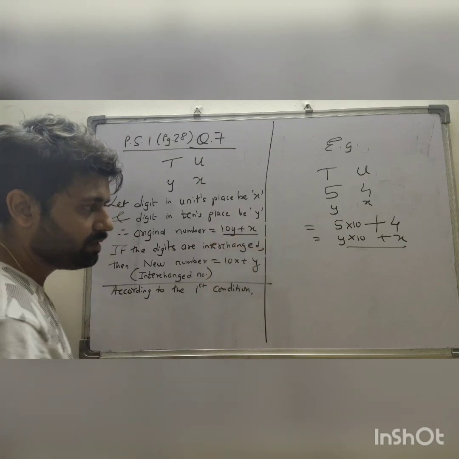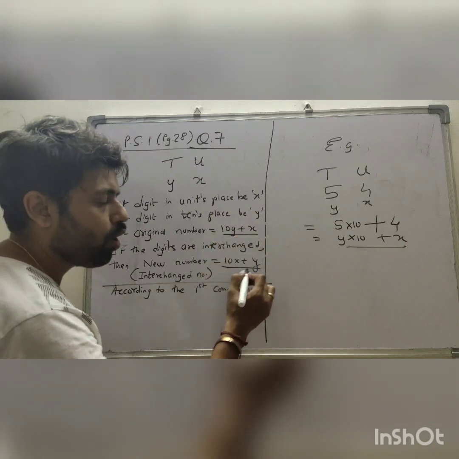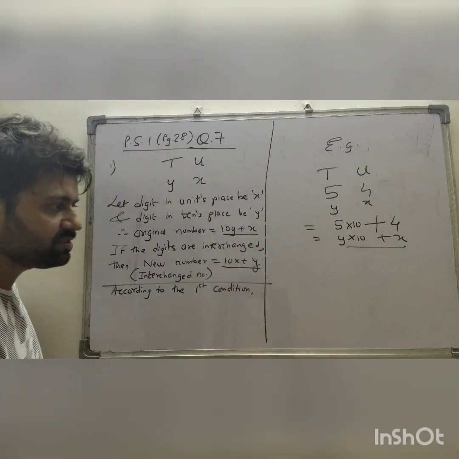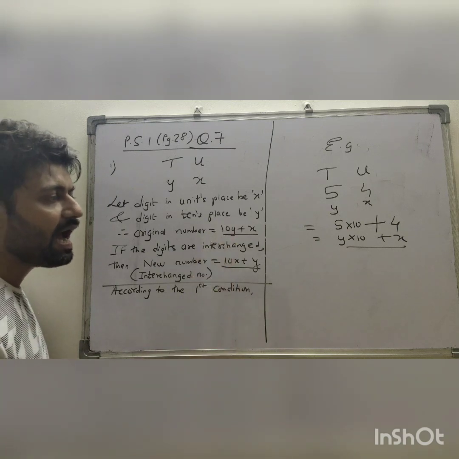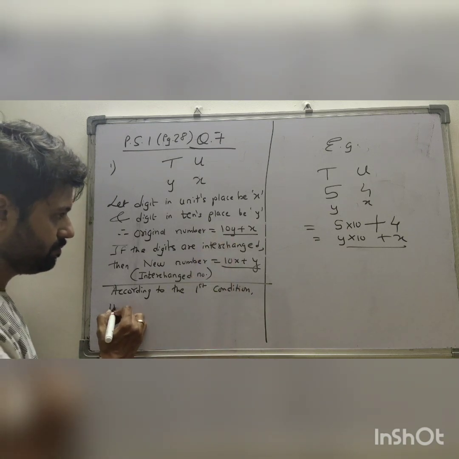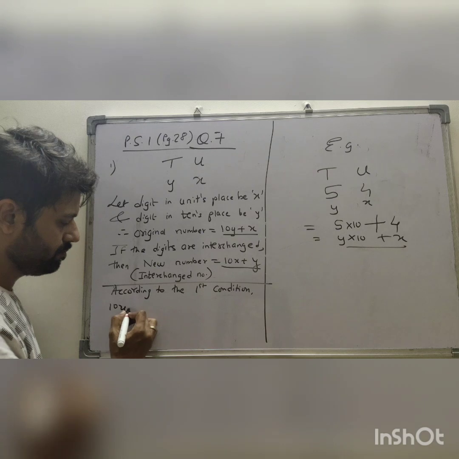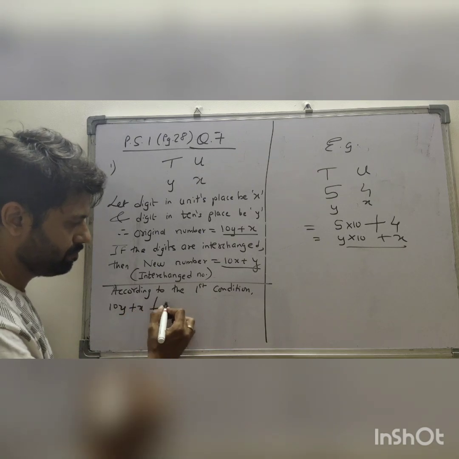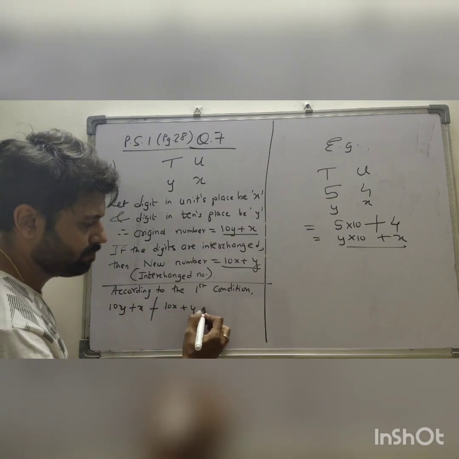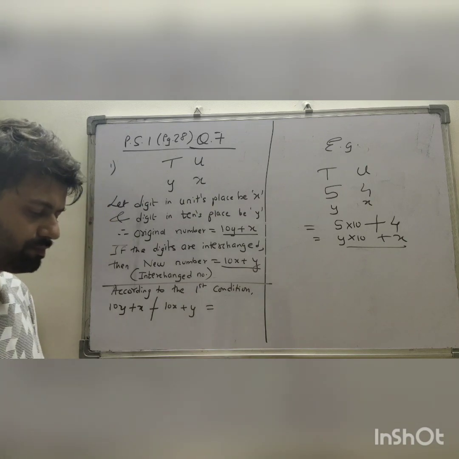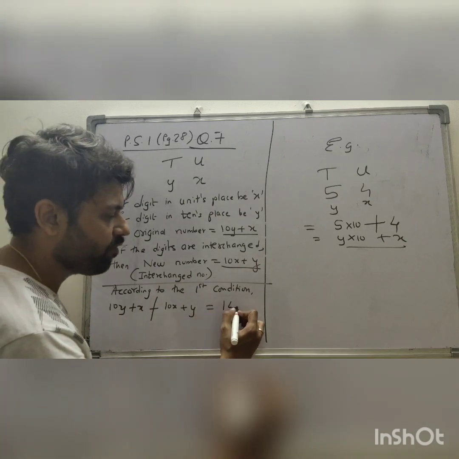A 2-digit number and the number obtained by interchanging the digits, when they are added, the sum is 143.